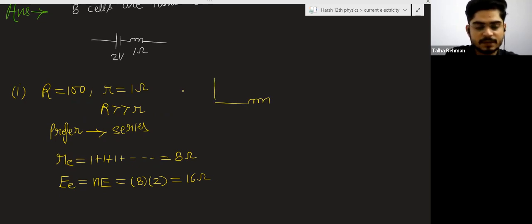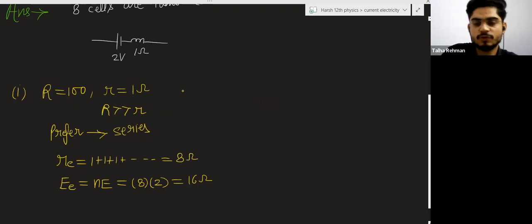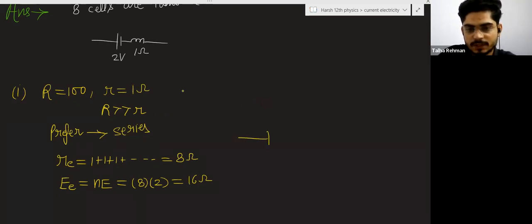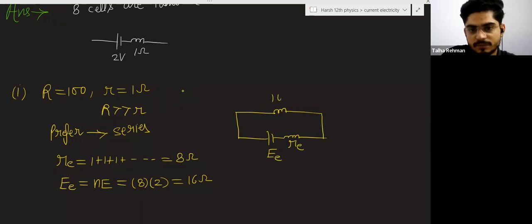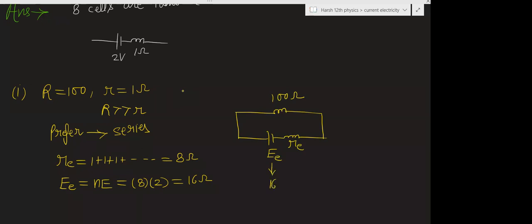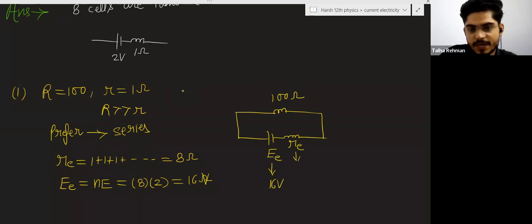So finally, you have a circuit like this. If you want to draw it, this is a cell having the equivalent internal resistance we have calculated, and we have the external resistance of 100 ohm. The equivalent EMF is 16 volt and the equivalent internal resistance is 8 ohm.